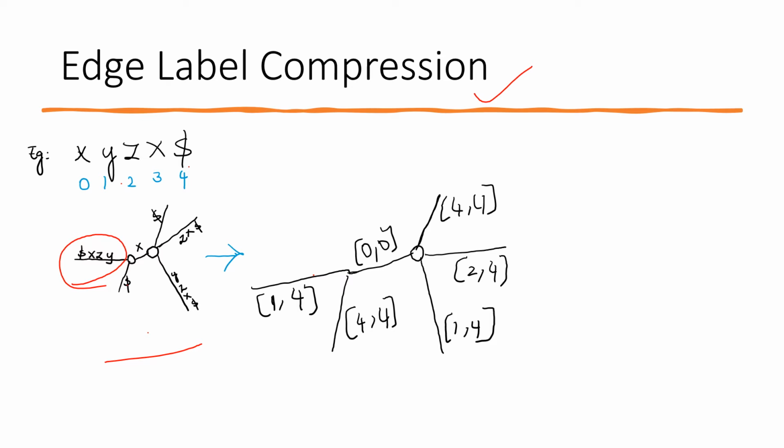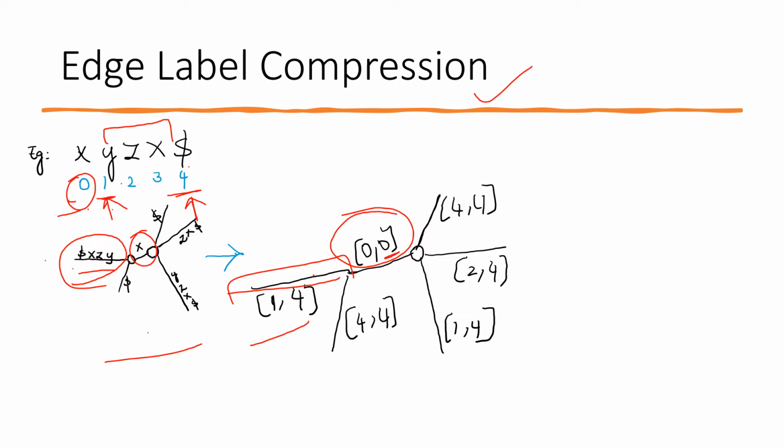For x the offset is 0 and it's only x, so from x to x is 0 comma 0, so the label is 0,0. For xyzx, the offset starts from 1 and goes till 4, so it is 1,4. Instead of the length of the edge label, we are giving from which offset to which offset.